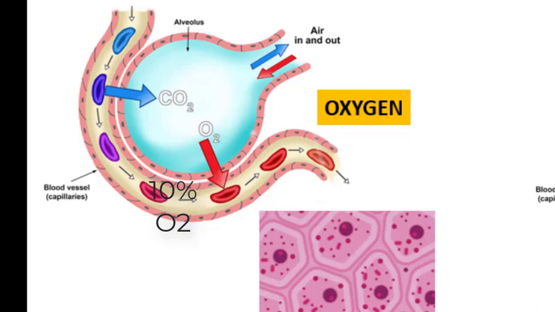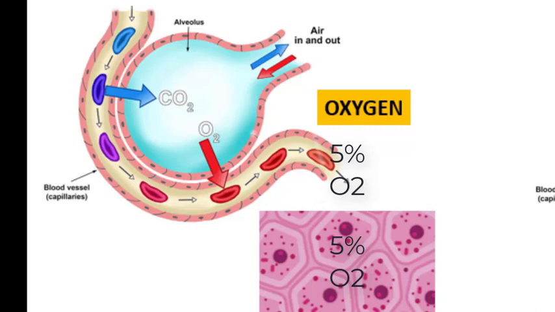When this oxygenated blood travels to the body cells, those cells have used up their oxygen, so they would be at 0%. Diffusion happens so that this cell would then be 5% and the blood would be 5%.